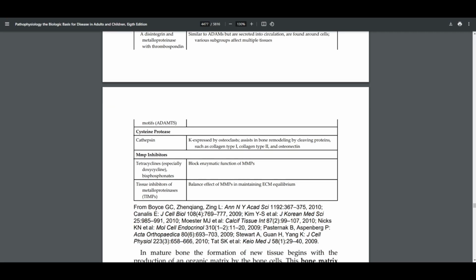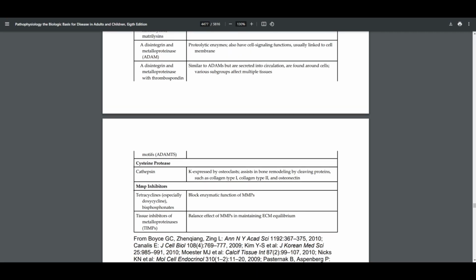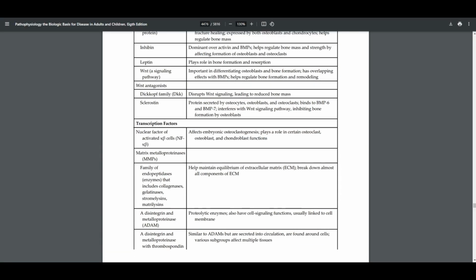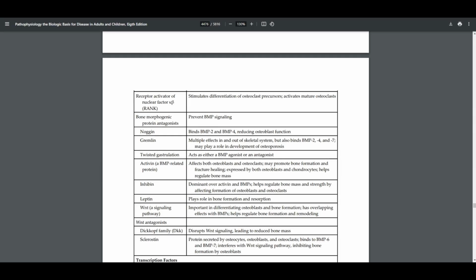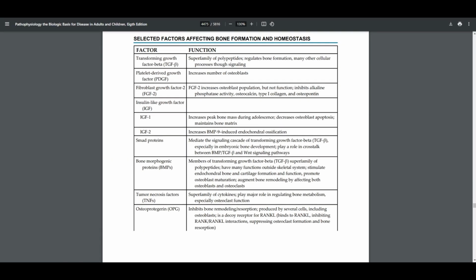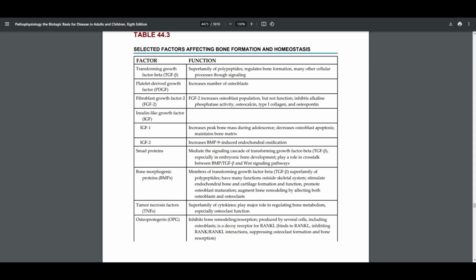So again, please hit pause. I'm going to go back up a little bit here so you can get spots to pause at. Pause here, make some flashcards.